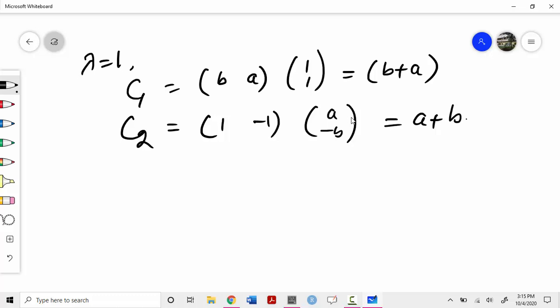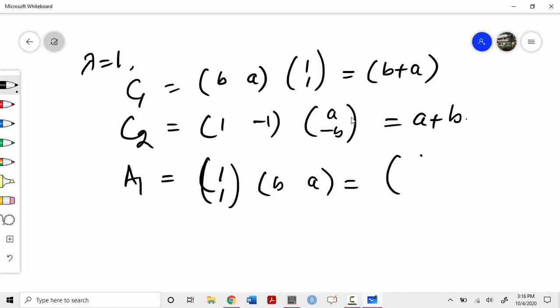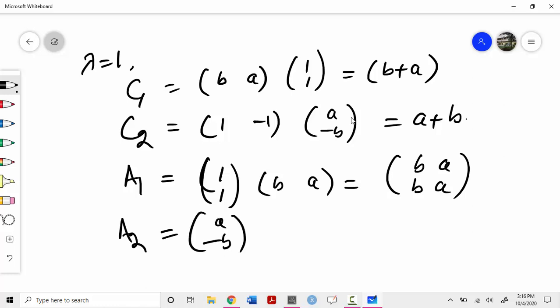And then a1, that is equal to 1 1 into b a, that is equal to b a, b a, and a2, that is equal to a minus b into 1 minus 1, so that is equal to a, minus a, minus b, b.